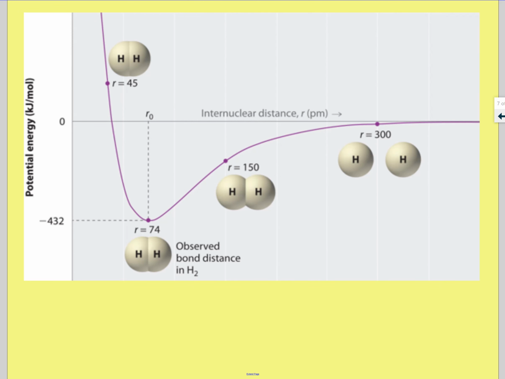So here's that diagram. Here you see this is where the minimum potential energy is. This is where the atoms want to be, this far apart, to minimize that potential energy. There's our energy for it.